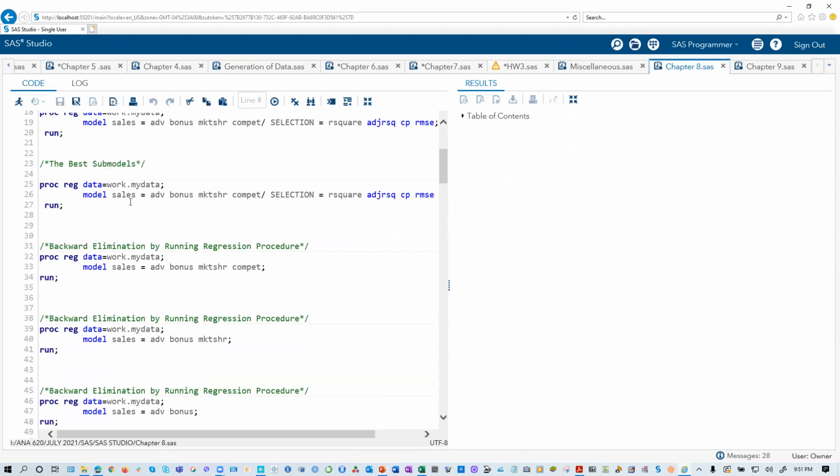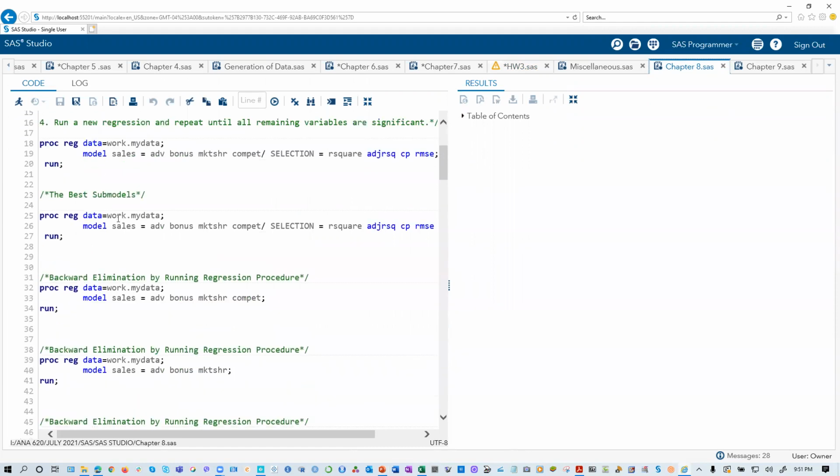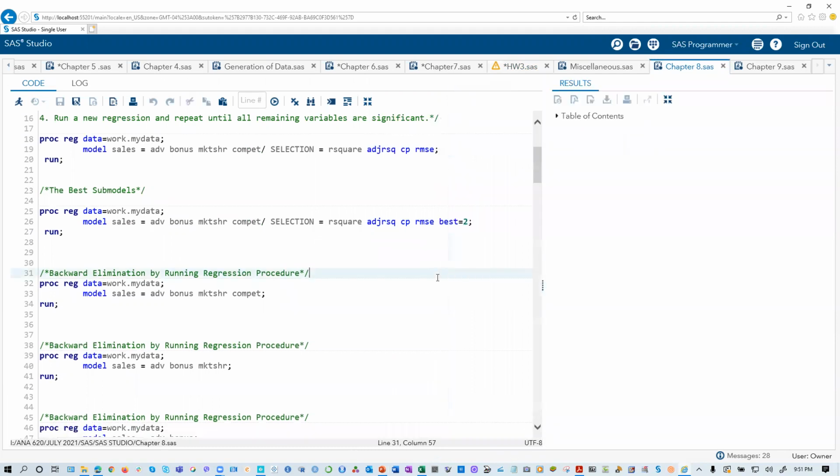Backward elimination. I'm going to start from here, the best subsets method. How do you get the best subsets method? We go to our example: sales, advertising, owner, market share, compete, selection, R squared, adjusted R squared, Cp, and the best two. If you want, you can ask for only the best two.